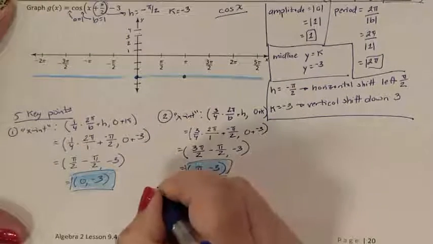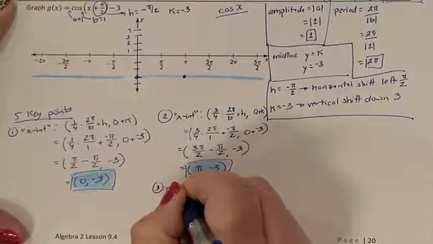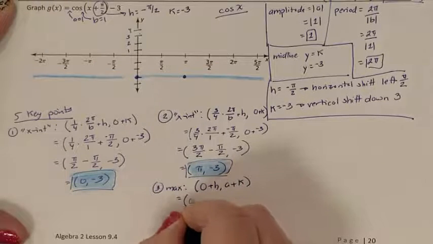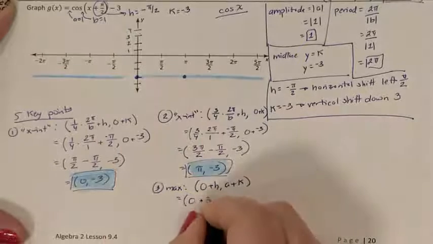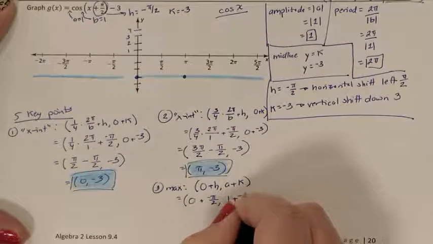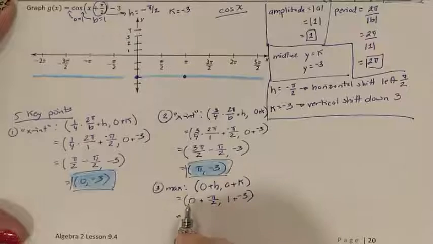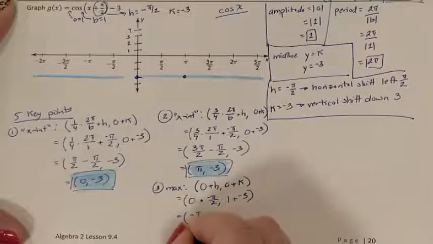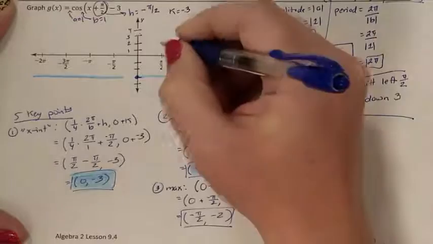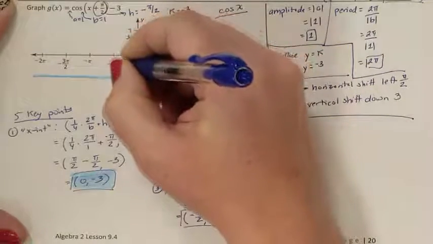With the 2 intercepts come your 2 maxes, making sure you have your h with your x and your k with your y. My h is a negative pi halves, a is a 1, k is a negative 3. 0 minus pi halves is a negative pi halves, negative 2. Max number 1, so negative pi halves, negative 2.